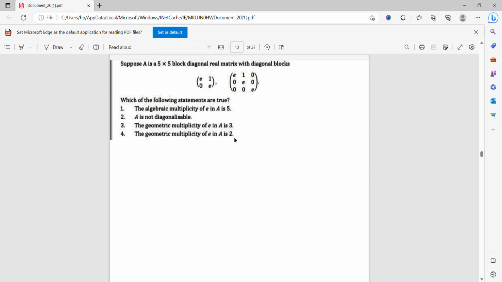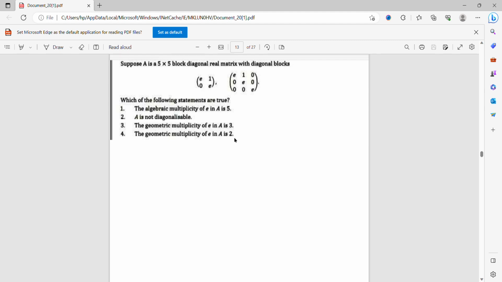And also you can easily see this because we know there is a theorem. You can remember that the geometric multiplicity of an eigenvalue is the number of distinct Jordan blocks corresponding to the eigenvalue. Actually here A is in Jordan canonical form.